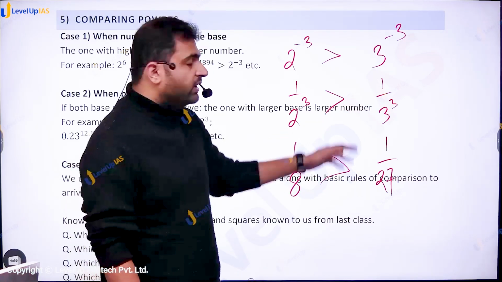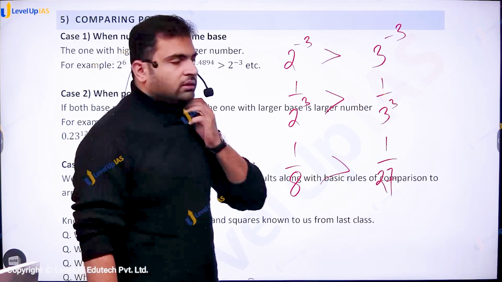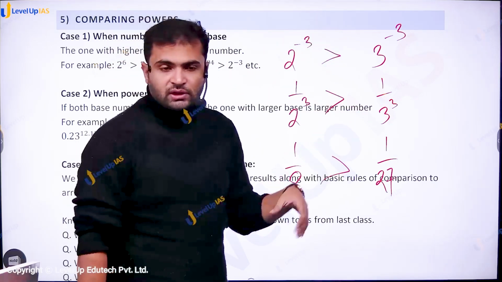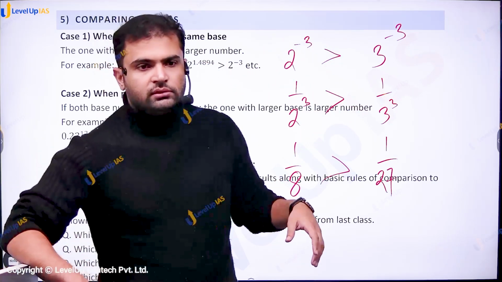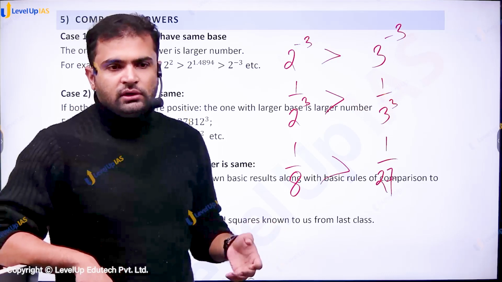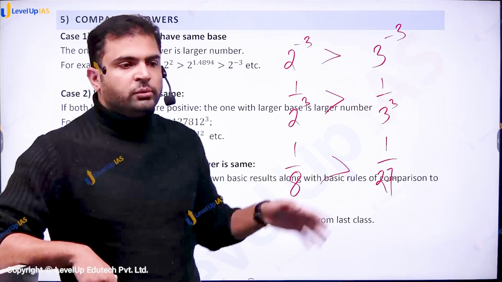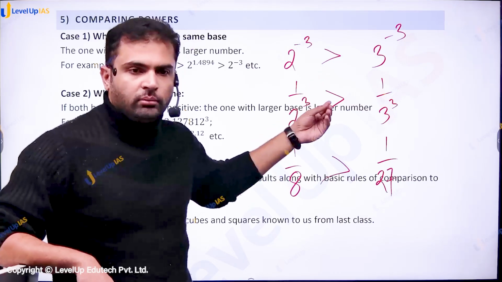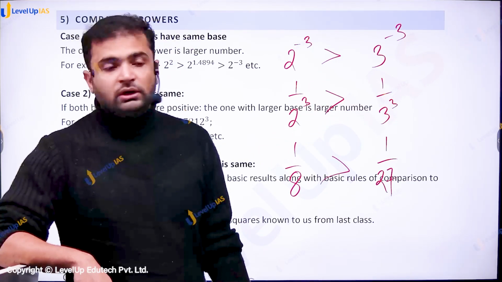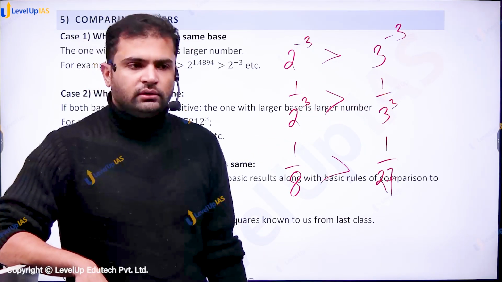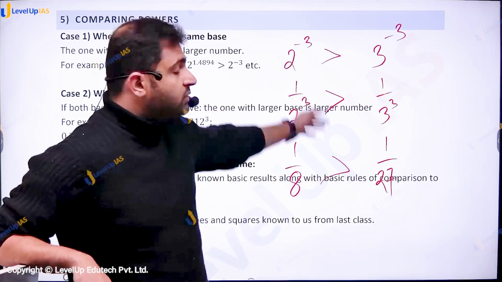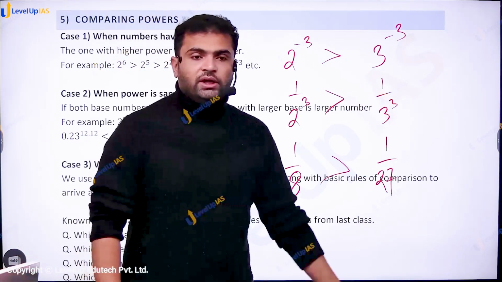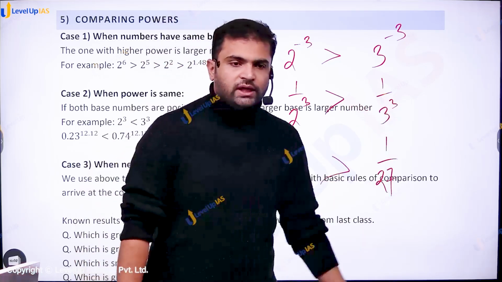And whenever we are having 1 upon something, the smaller the number in the denominator, the larger would be the fraction. The fraction would be smaller than 1, but the higher the base, the higher the value in the denominator, the smaller would be the value of the fraction.